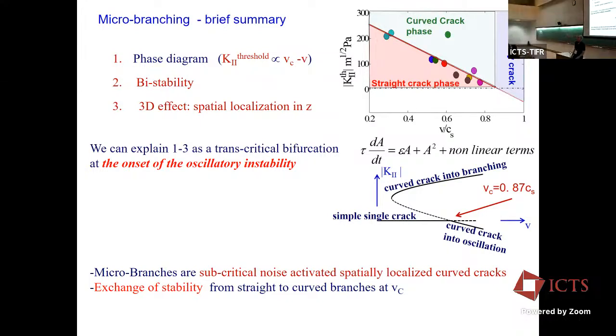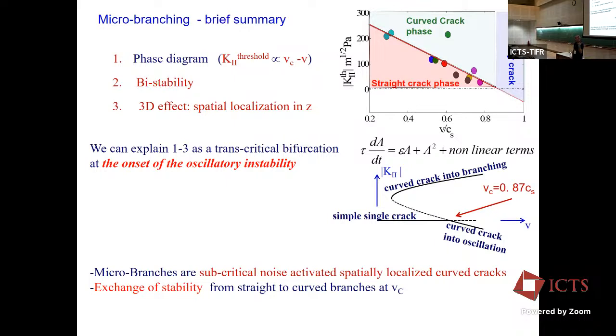While defining the noise, I think I have missed that part. How exactly do you define your noise? Good question. We have put small beads into the system so we can perturb it, and then we can cause microbranching to happen.